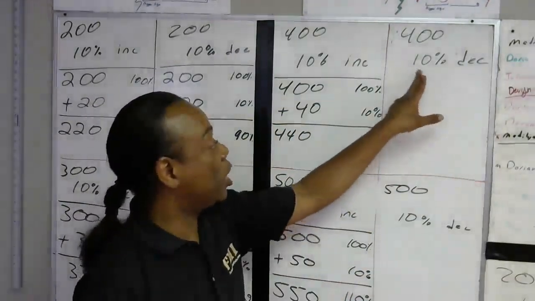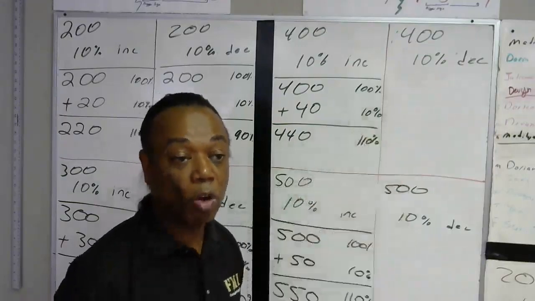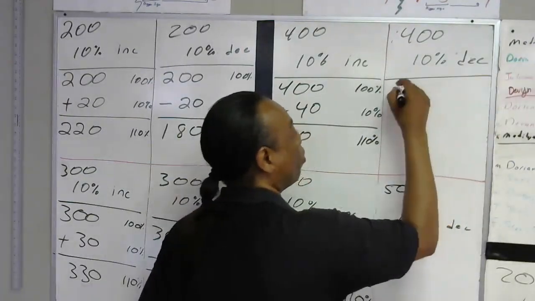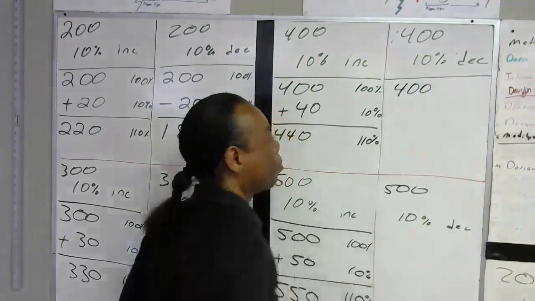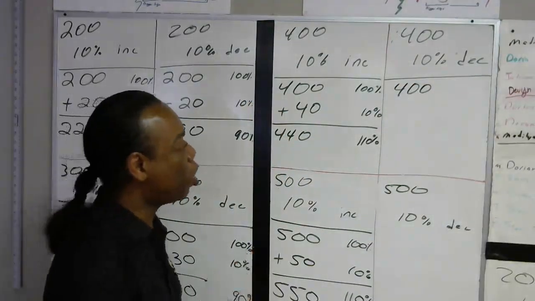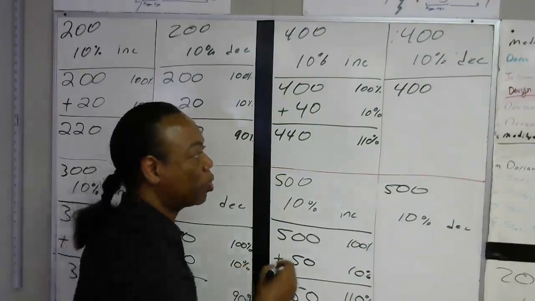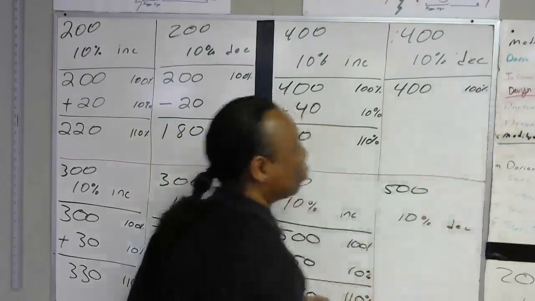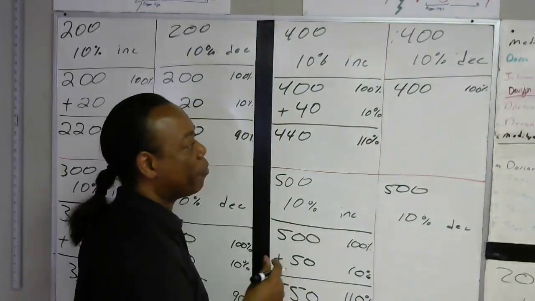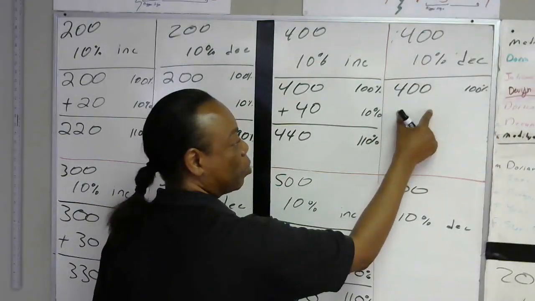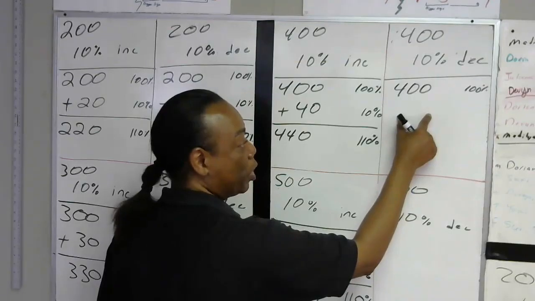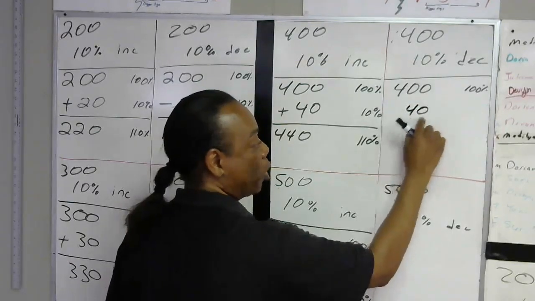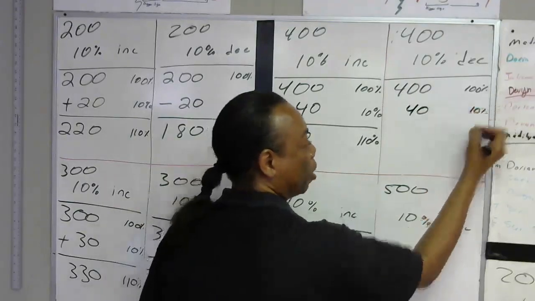We're going to do a 10% decrease right here. So start with the number 400. We're going to call that 100%. And then we want to find out what is 10%. Well, 10% of 400 is going to be 40. That 40 represents our 10%.